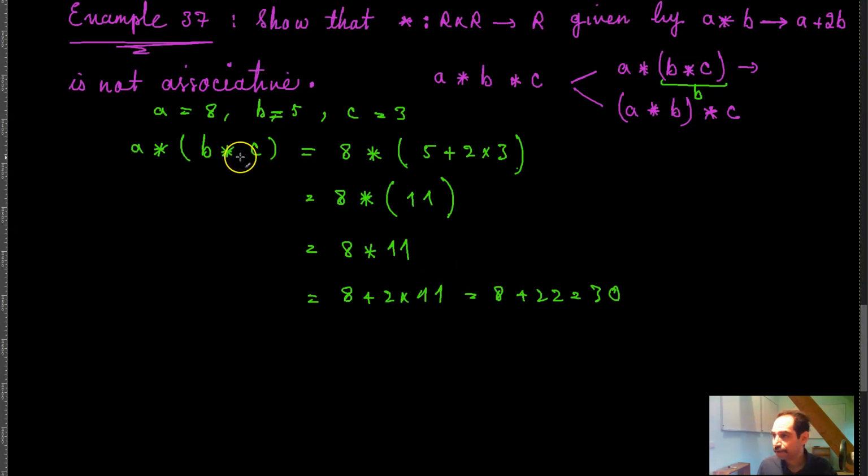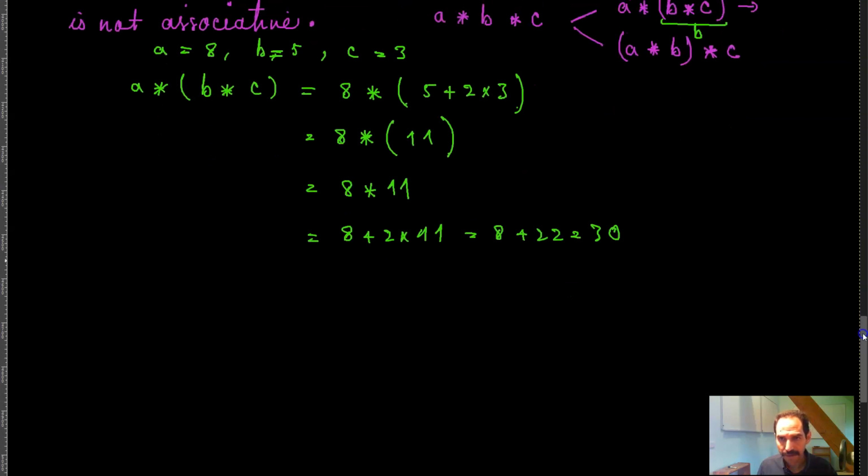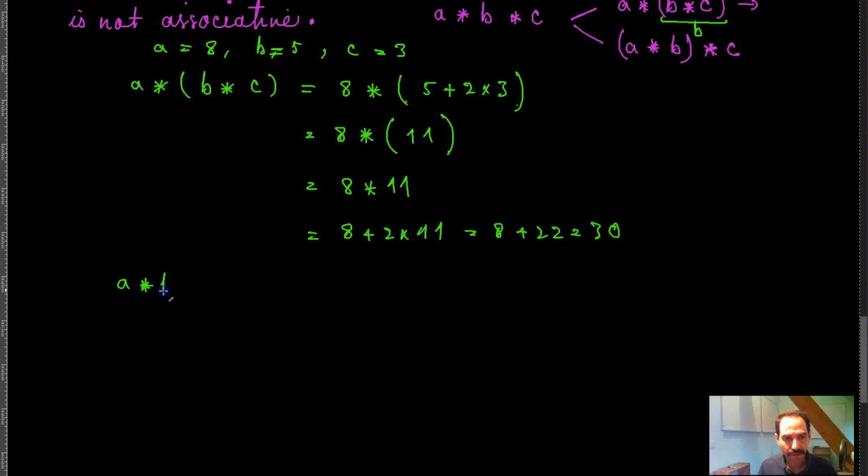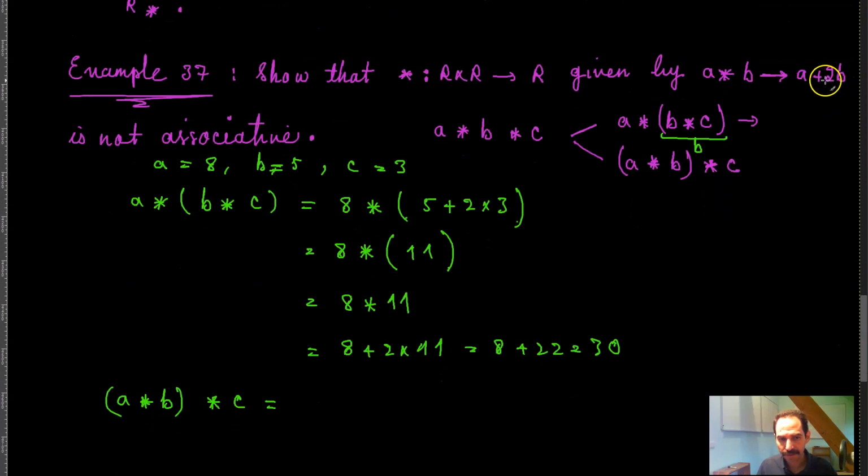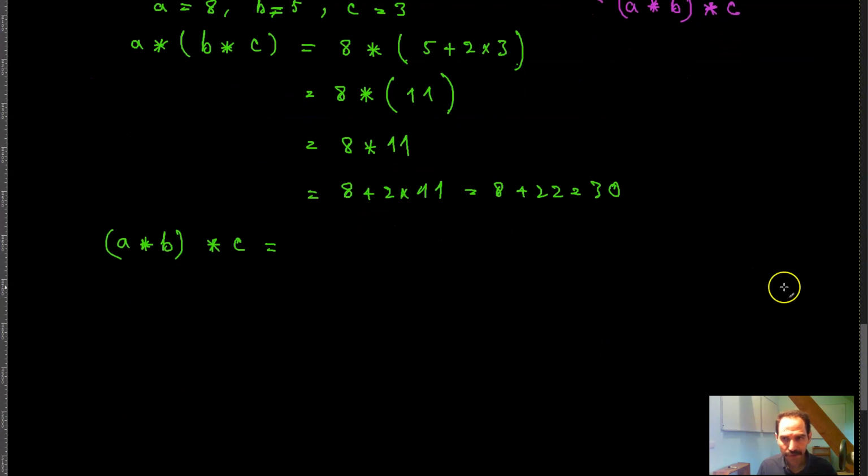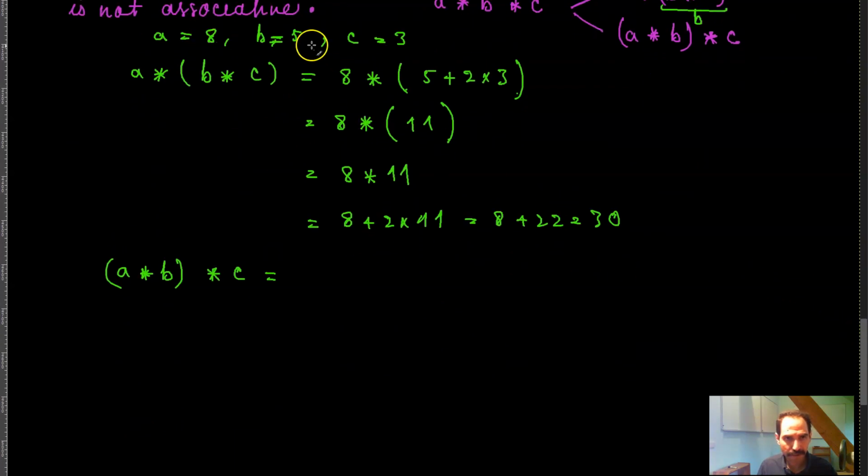Now, if I want to calculate (A star B) star C, I need to calculate the first part first, and this becomes A plus 2B, which is 8 plus 2 times 5, which is 10 plus 8, equal to 18.